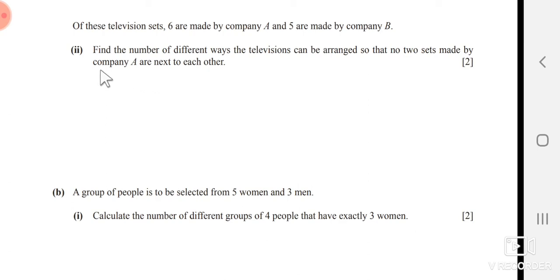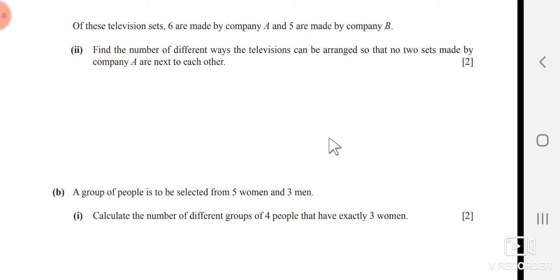So first you fill the TV sets of company A, just making 1, 2, 3, 4, 5, 6, and then you can fill this by 6 factorial, and then inside these you can put B, and then see how many possible spaces are there. There would be 5 possible spaces, so 6 factorial times 5 factorial would be the answer for this.